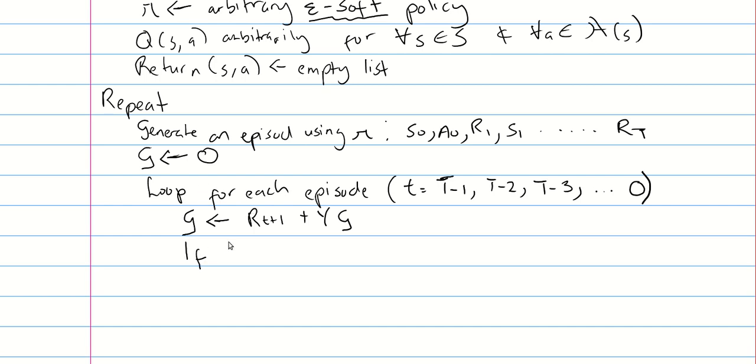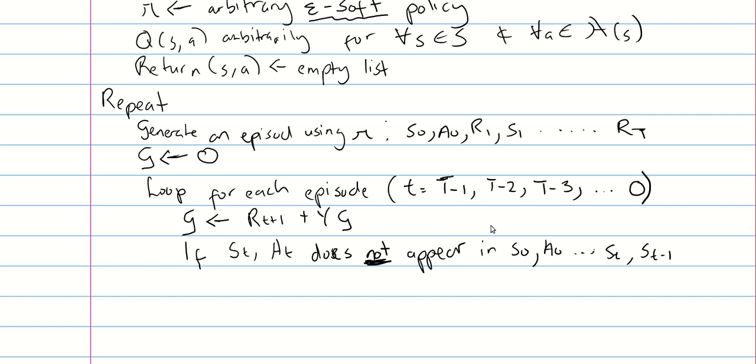And then, if (S_t, A_t) does not appear in S0, A0, all the way up to S_{t-1}, A_{t-1}, right? This is a keyword: does not appear. If S_t, A_t does not appear in here, it means it only appears once, so this is a first visit.